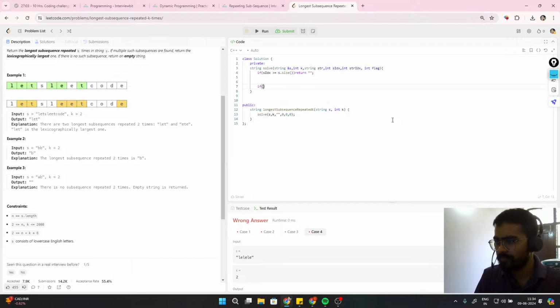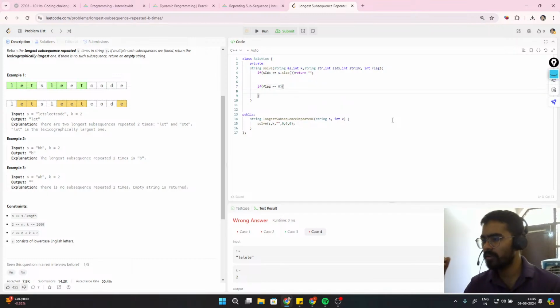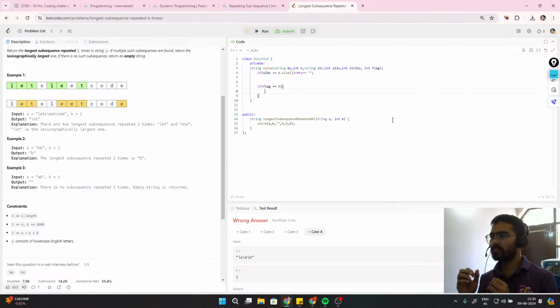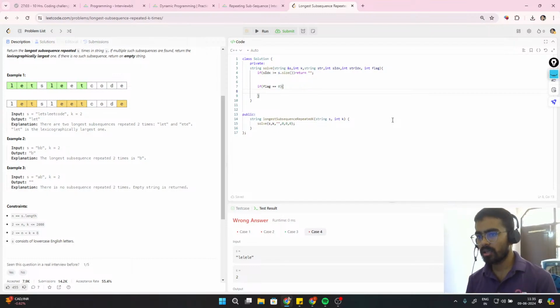If my flag is 0, then this is the first time that I'm creating a substring. So I'll pick this and I'll tell that okay, search this substring next, or I'll pick this and I'll tell that okay, do not search this, create more.